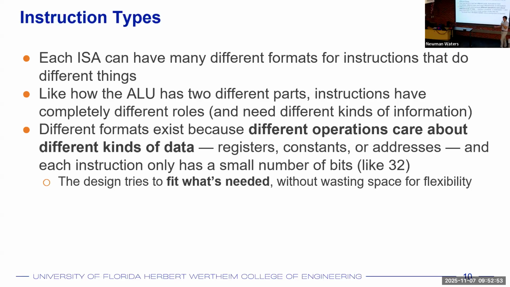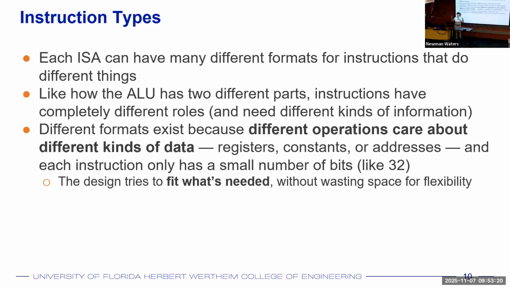So we want to give it as many instructions as we can that can do the most possible things without us having to buy special hardware. Right now you hear a lot about buying GPUs. That's a specialized piece of hardware to do something that a processor can't do quickly enough, right? But in general, we want to design it such that it is the most flexible for every application.